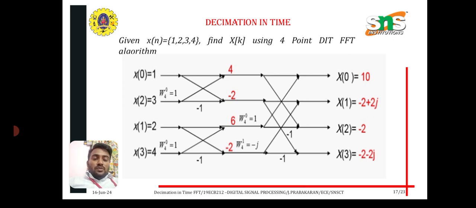The output of the first stage is 4, minus 2, 6, minus 2. The output of the final stage is 10, minus 2 plus 2j, minus 2, minus 2 minus 2j. This is the total frequency domain output of this 4-point DIT FFT algorithm.